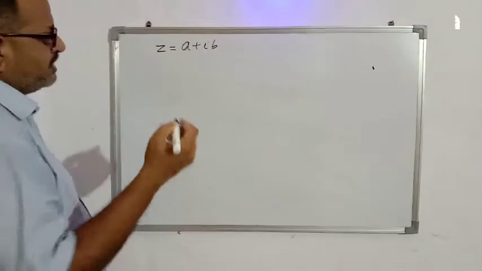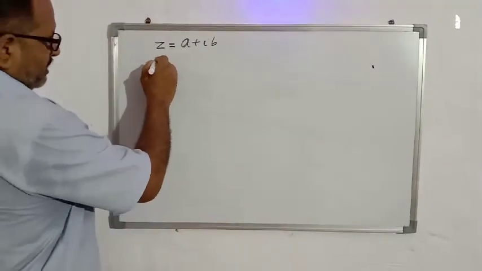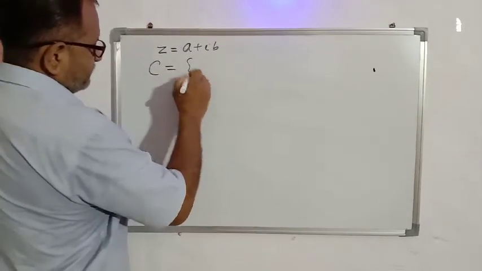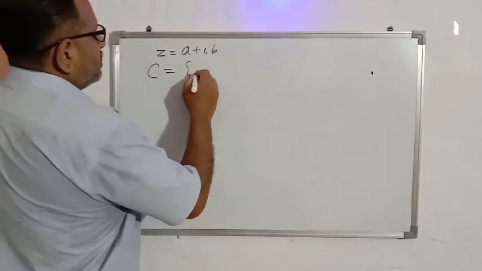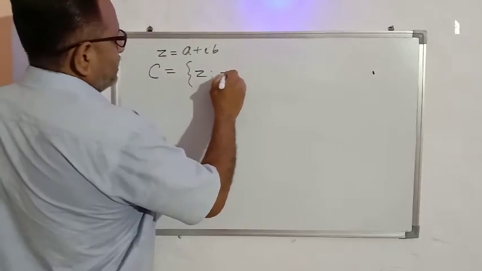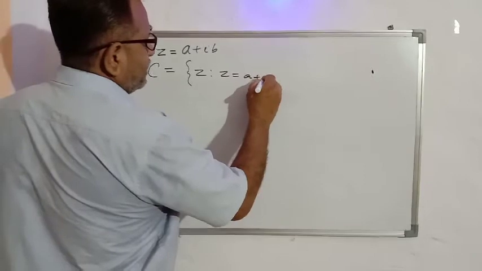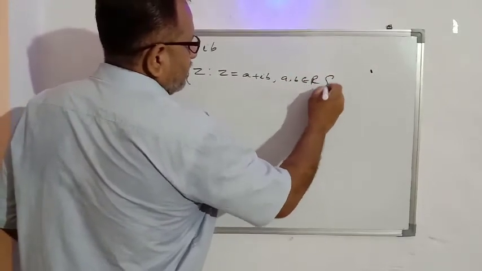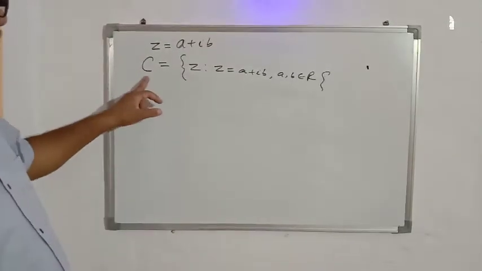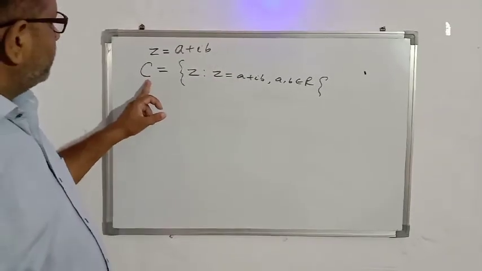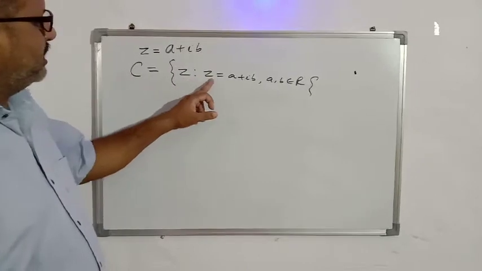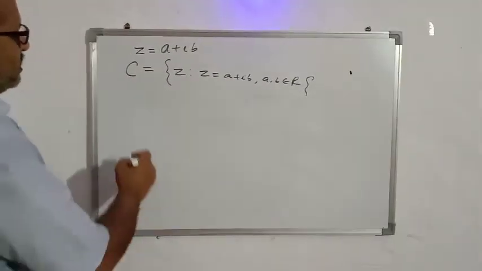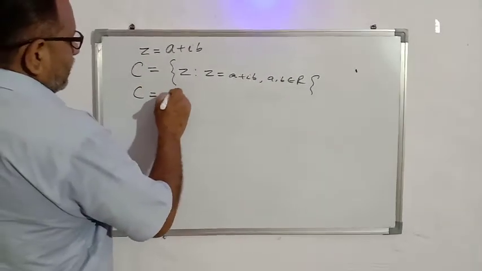We can write the definition in set builder form, where C means the set of complex numbers: z such that z is equal to a plus ib, where a and b both are real numbers.